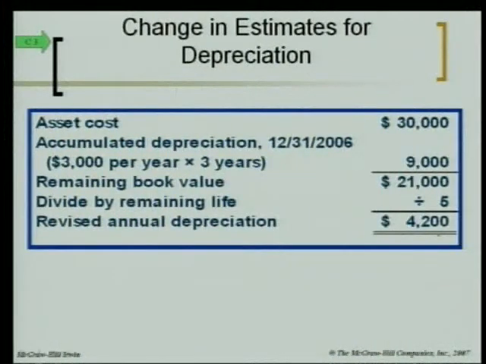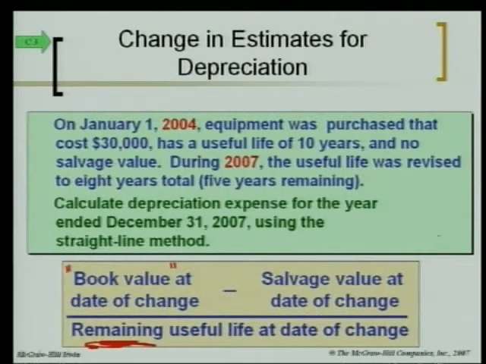All right, so in this example, the asset had $30,000 cost, 0 salvage value, useful life of 10 years. Okay, so 30,000 minus 0 divided by 10, we were depreciating $3,000 per year, is that correct?